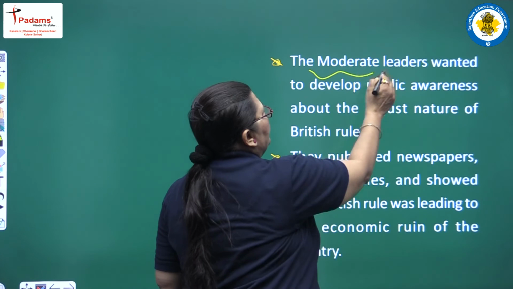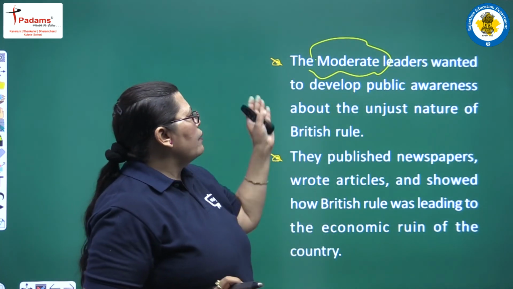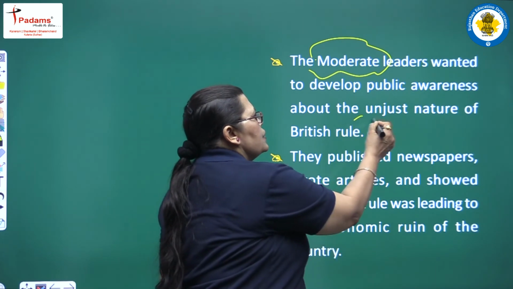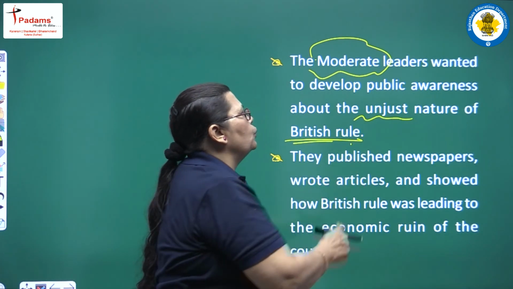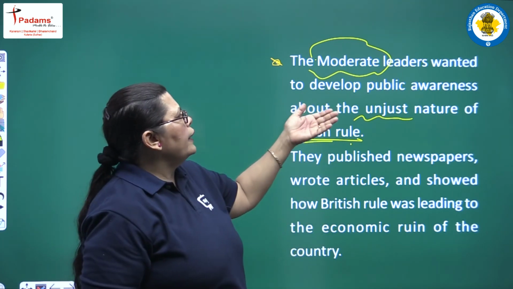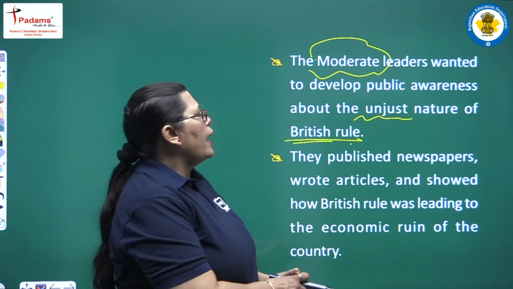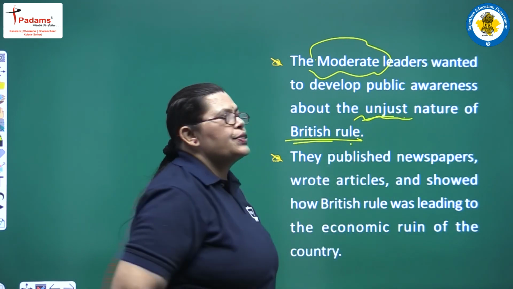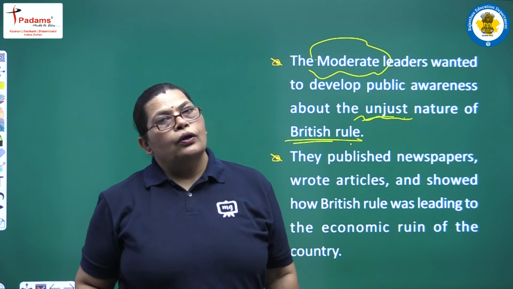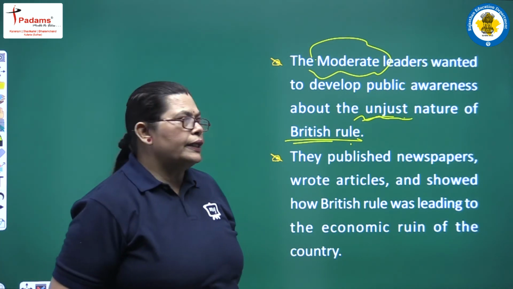The moderate leaders wanted to develop public awareness about the unjust nature of British rule. So these moderate leaders always demanded that it's okay, we need public awareness, and the unjust nature of British rule was also not accepted by these moderate leaders.